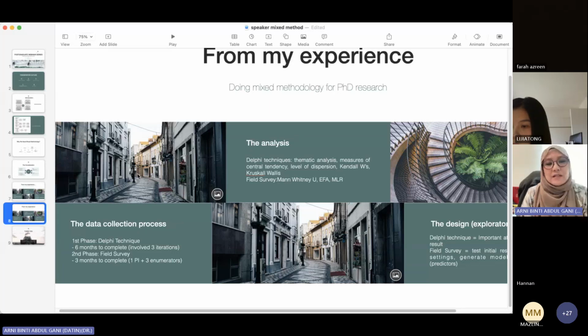It involved 3 iterations. And the second phase of the data collection process, the field survey itself, I completed in about 3 months. Me as the principal investigator, and I have to engage with enumerators because there's no way I'm going to finish by myself, so I engaged 3 enumerators.